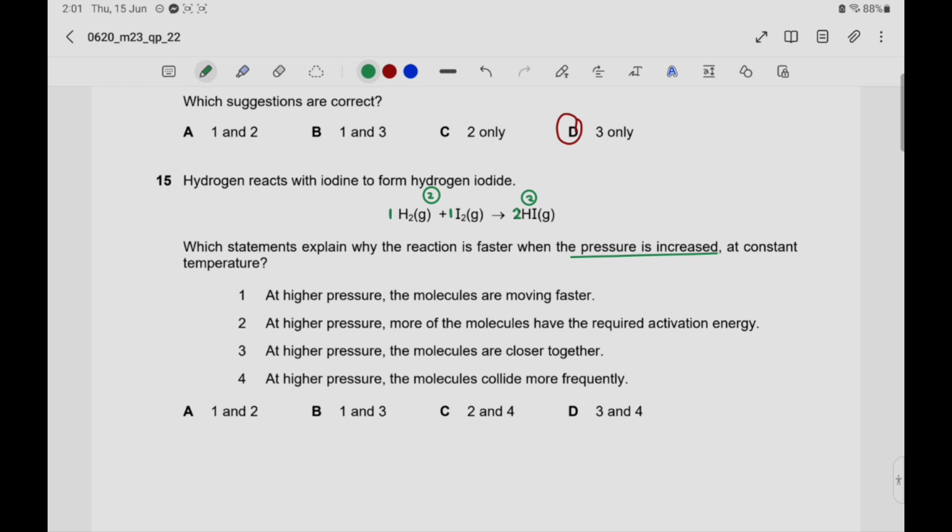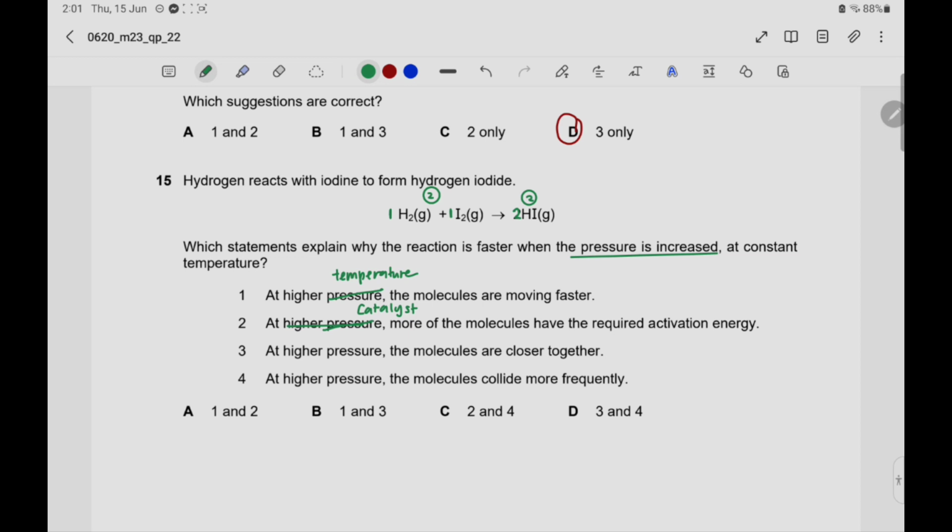Oh my god, will pressure cause them to move faster? No, they will only be closer. What causes them to move faster? Unless you say temperature, then yes. At higher pressure, more of the molecules have the required activation energy? No, only when you use the catalyst will you cause all of them to reach the activation energy.